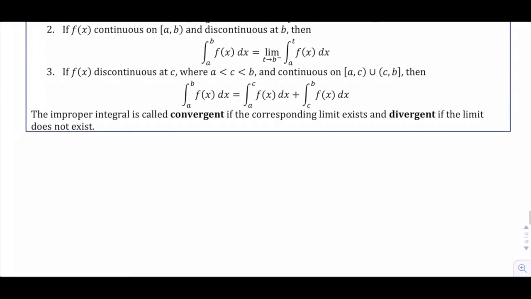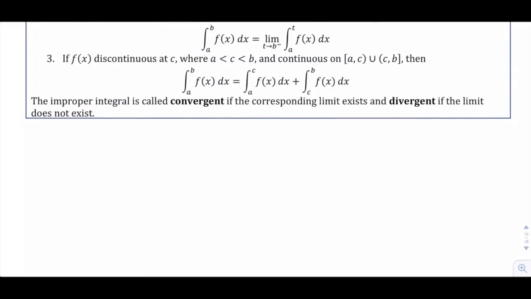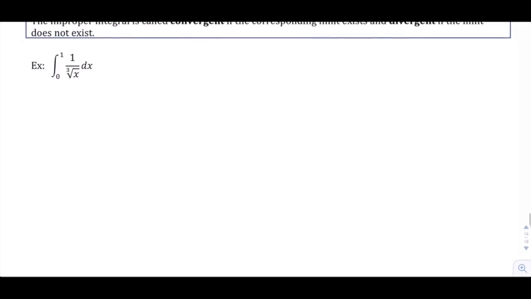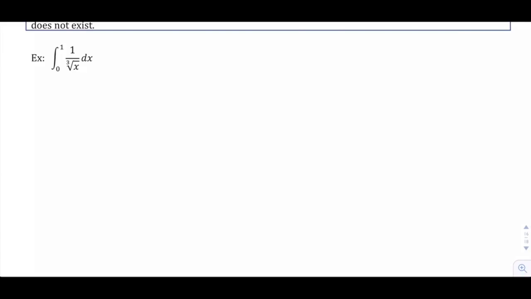Let's go ahead and try the first example like this. We have the integral from 0 to 1 of 1 over the cube root of x dx.